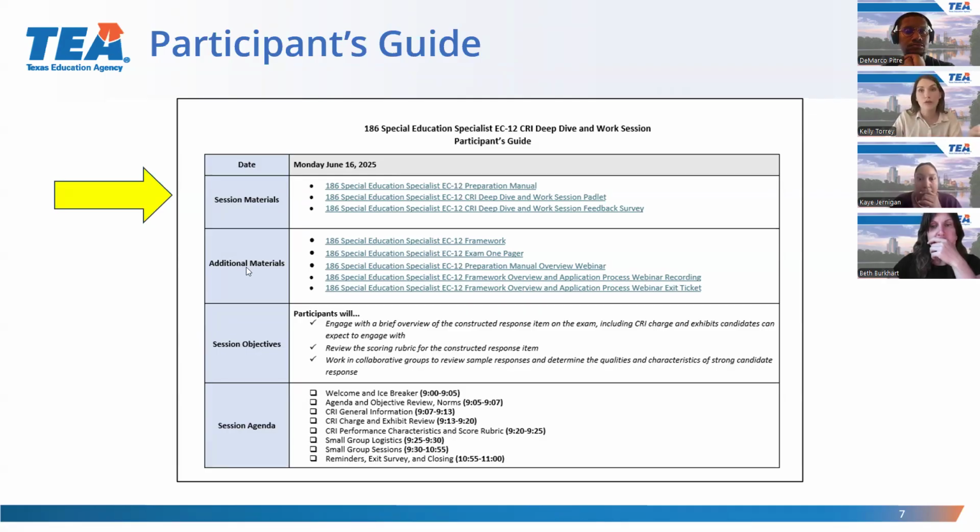These are helpful links and other resources related to the exam development and launch: a link to the framework, a link to the one pager, and recordings of other 186 sessions we've hosted over the past year or so. You don't need to do anything with those this morning, but they are there if helpful. And you have our agenda, our objectives, and some note catching spaces at the bottom of that document.